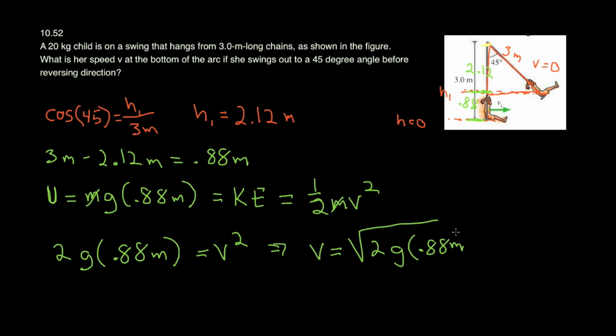And when you plug this into your calculator, this comes out to 4.2 meters per second. So that's the speed that she's going to have at the bottom right here. And that's problem 10.52.